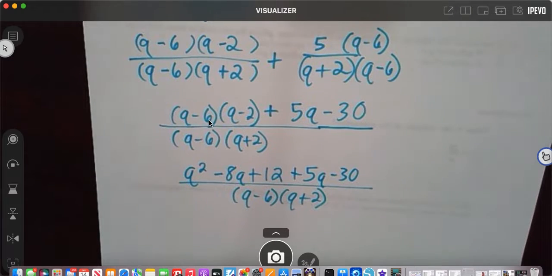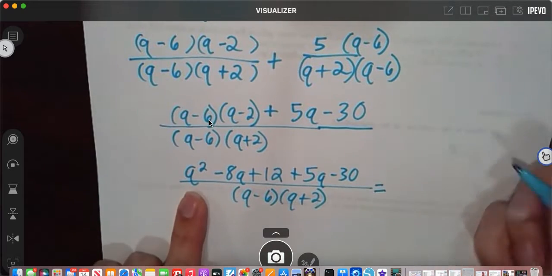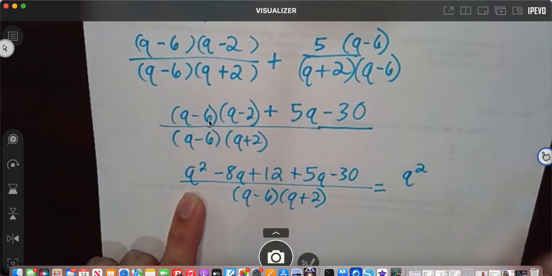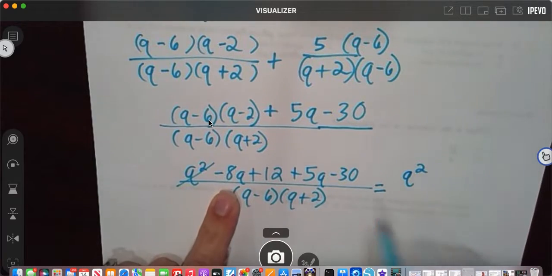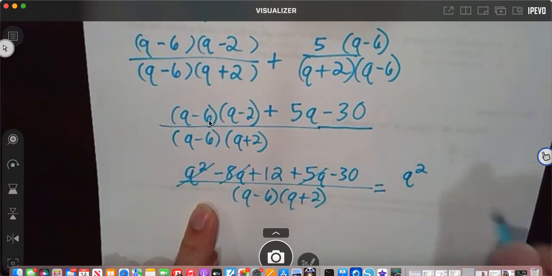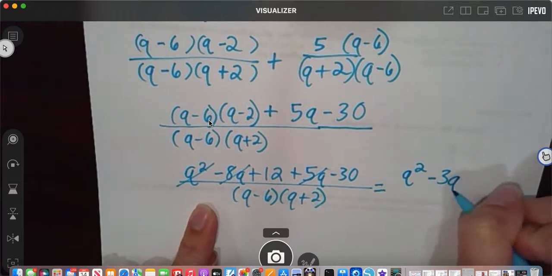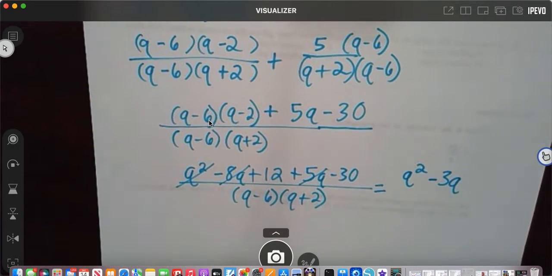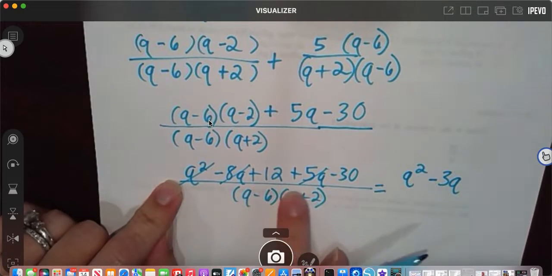Now, can I combine the numerator? Yeah. So I have a q squared. And then it's a minus 3q because a negative 8 plus 5. Do you understand where all these numbers came from?